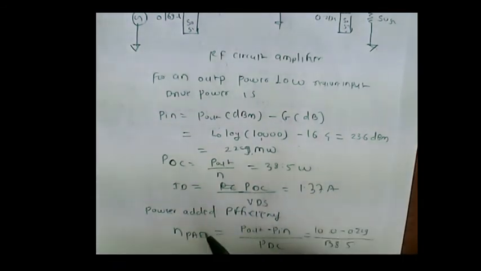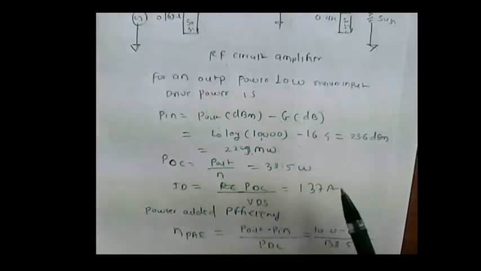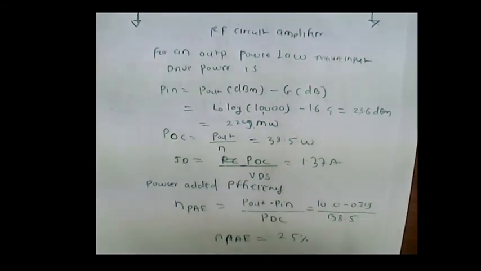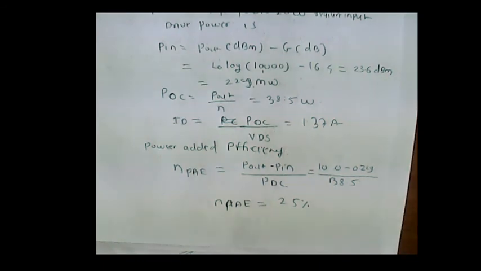The drain current is power divided by the voltage source, which comes out to 1.37 ampere. Then power added efficiency, the ratio of P out minus P in divided by P DC, is calculated as 25%. So in this lecture we discussed the design of a class A power amplifier.